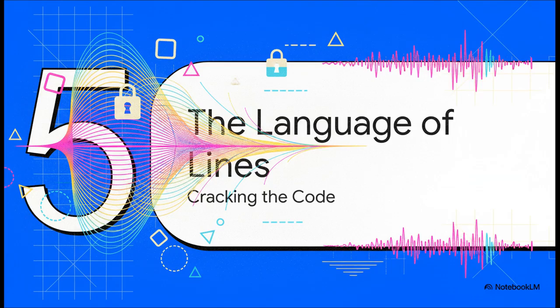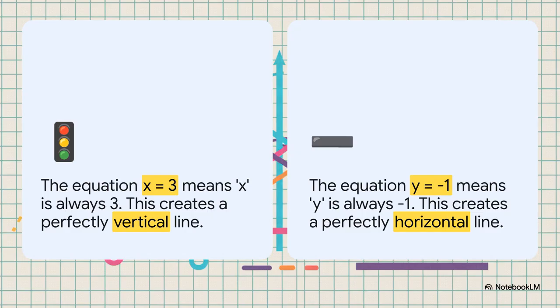So, now that we've cracked the code, we can actually start to speak this language of lines. We can use simple equations to describe specific pictures with absolute precision. Let's check out a couple of special cases. An equation like x equals 3 is a really strict rule. It says x must always be 3, no matter what y is doing. And when we plot that rule, what do we get? A perfectly vertical line. And it's the same for y equals negative 1.